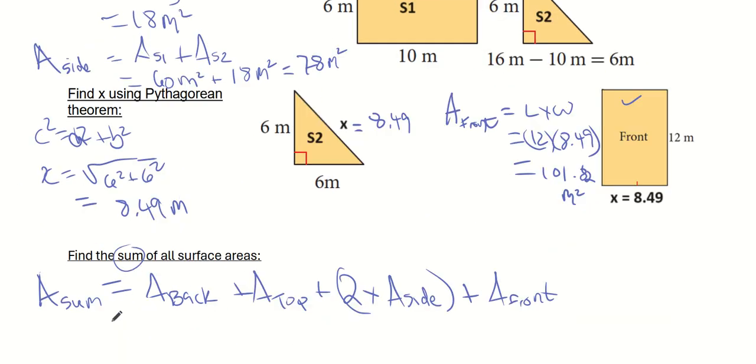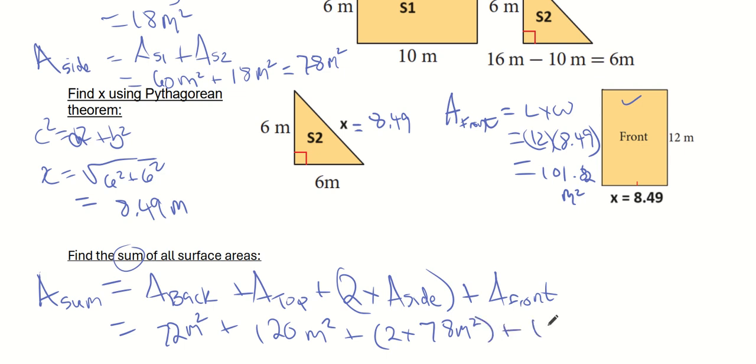Now let's get our numbers, and our numbers are 72 meters squared plus 120 meters squared, and then I'll put that in brackets. 2 times 78 meters squared plus 101.82 meters squared.